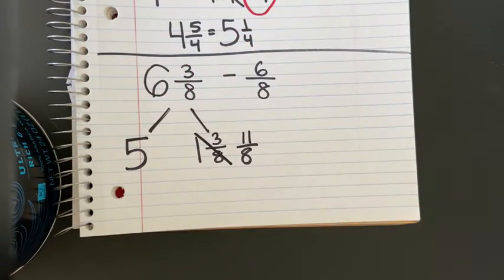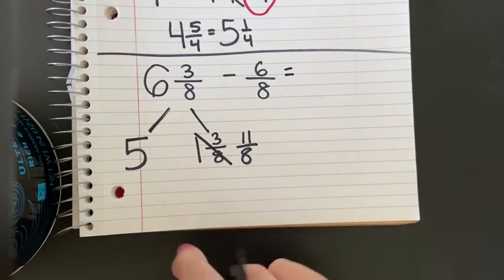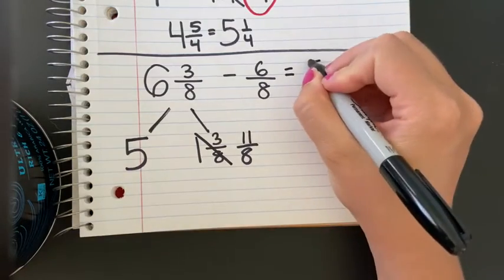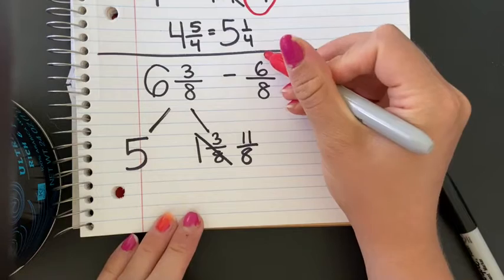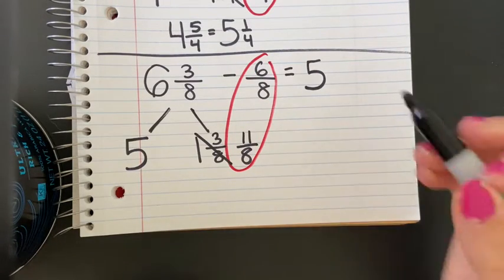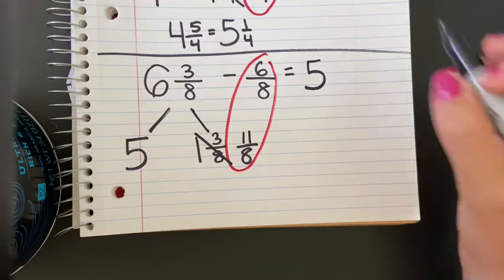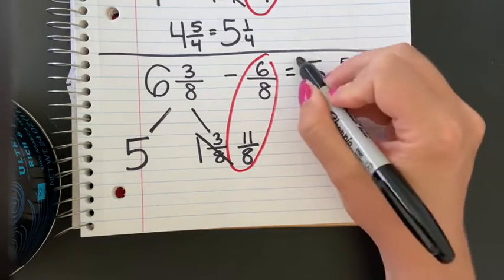So now that I have the improper fraction 11/8, I'm ready to start plugging in my answer. I know that my answer is going to give me 5 wholes, and now all I have to do is subtract 6/8 from 11/8. Well, 11 minus 6 gives me 5, so I know that my answer is going to be 5 5/8.